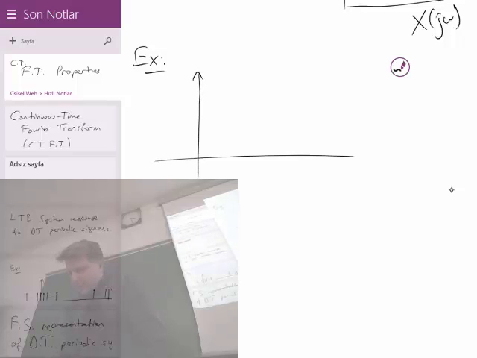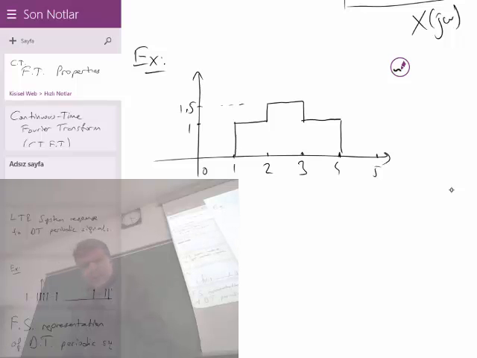The signal I'm going to draw is like this. One, two, three, four. Let's say 5 is here. This is 0. This is 1, and this point is 1.5, and that is x of t.